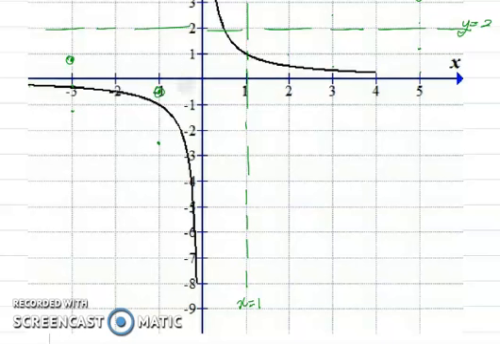The point (-1/2, 2), which is here, 1 unit to the right becomes (1/2, 2). Multiply the y-coordinate by 5, that brings you to (1/2, 10), and 2 units up from 10 will bring me to (1/2, 12).